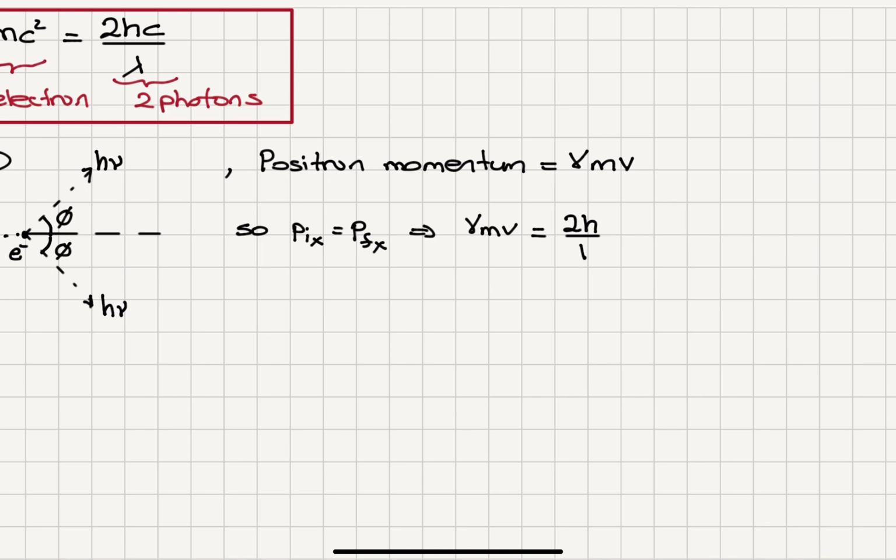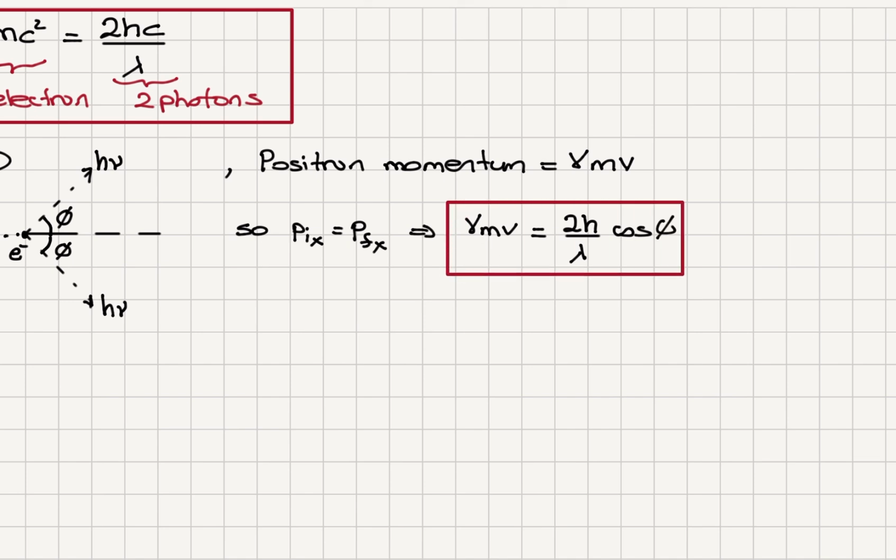Momentum is equal to h over lambda, de Broglie relationship, and for its x component, we have to take the x component of this, that's multiplied by cosine phi. So this is our momentum conservation equation.